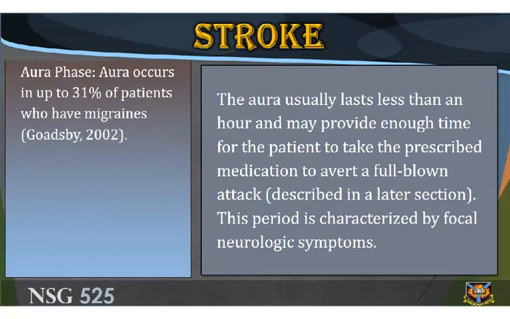Visual disturbances, that is, light flashes and bright spots, are common and may be hemianopic, affecting only half of the visual field. Other symptoms that may follow include numbness and tingling of the lips, face or hands, mild confusion, slight weakness of an extremity, drowsiness and dizziness.